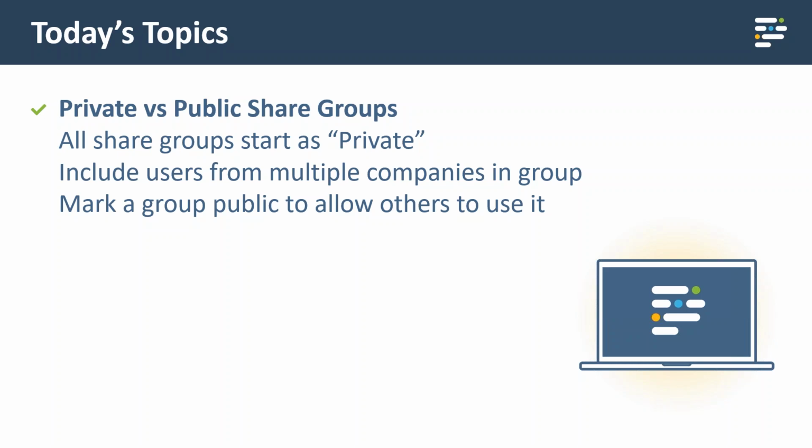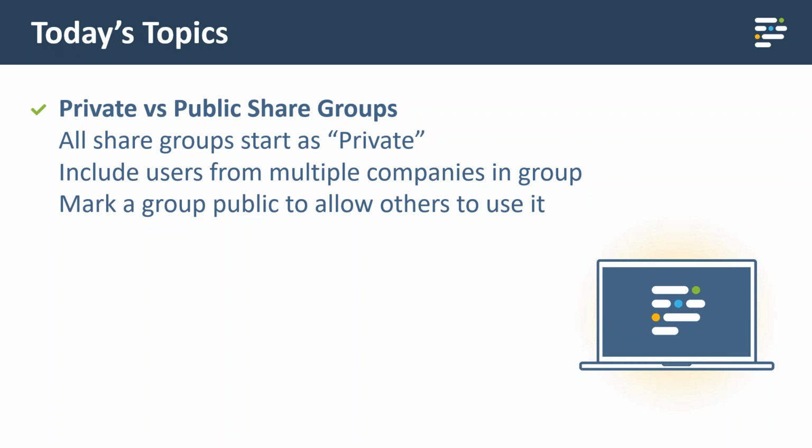So in this release, we've introduced 2 group types, really. By default, all share groups start as private. Private means only your company users on the project will be able to use that share group.